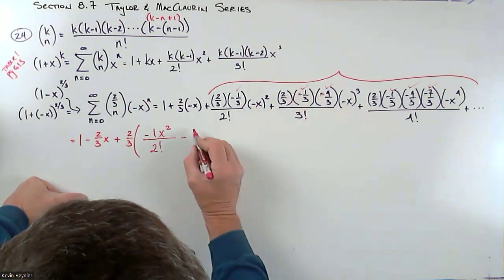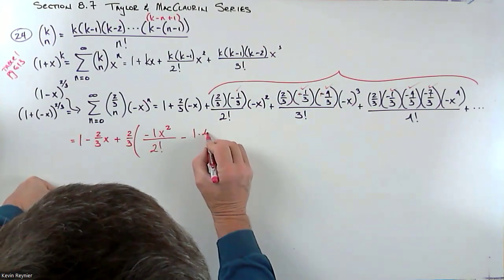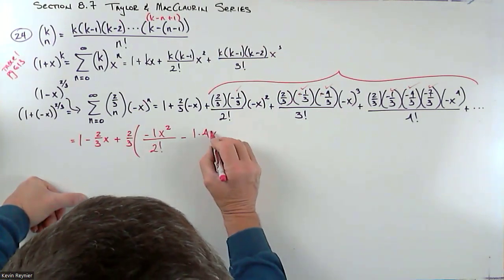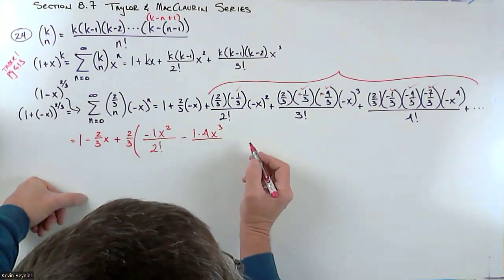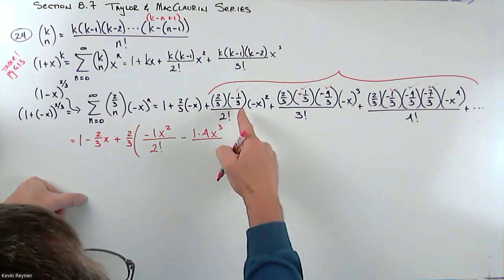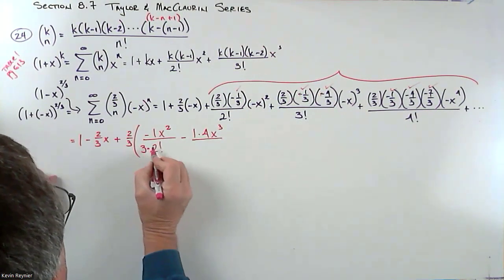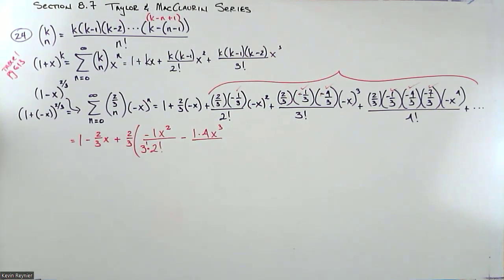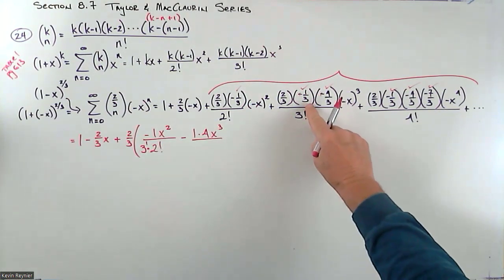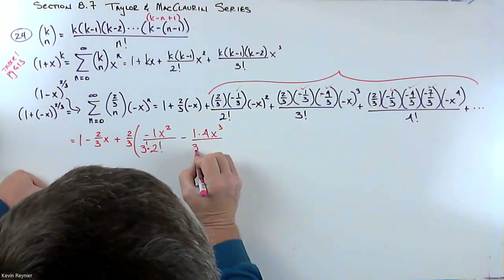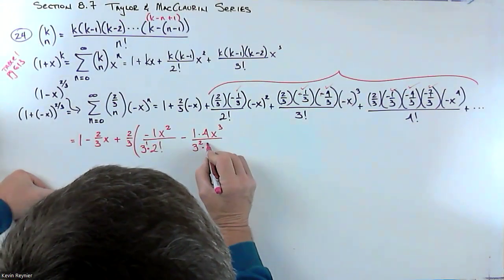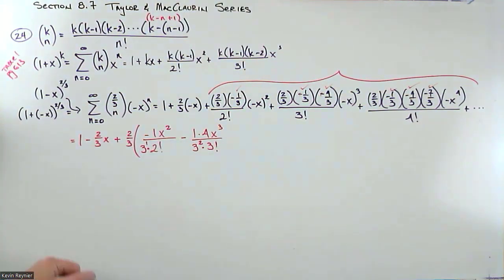I'm going to have a 1 times a 4. I'm going to have x cubed. And down here, I totally forgot this 3, didn't I? There's a 3 to the first right there. I lost that 3. Because here we have this 3 and this 3, so we're going to have a 3 squared. And then we have a 3 factorial.